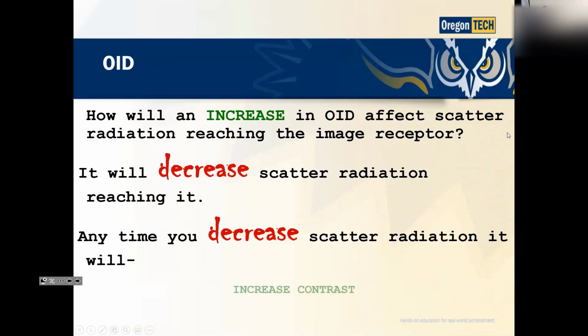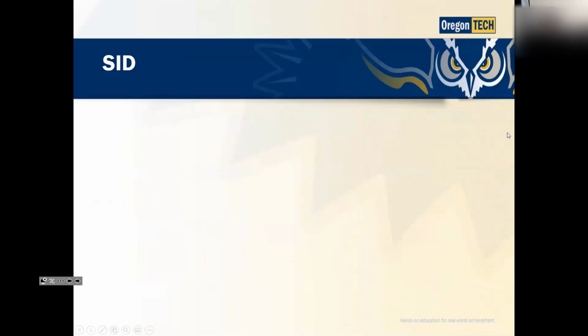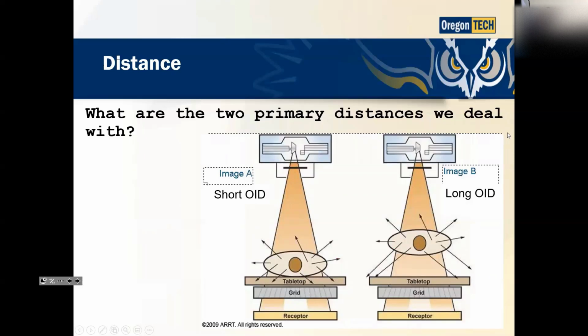It increases. If we go back to this slide, you see we have photons that interact with the image receptor, and those same ones are going to miss the image receptor. We don't use OID to our advantage very often, because it has an effect on detail and on distortion, which we'll be talking about.